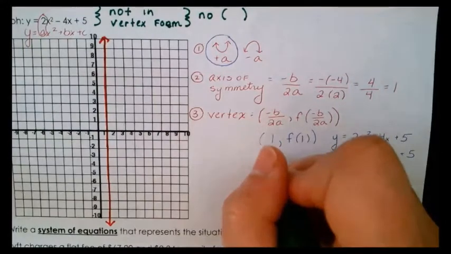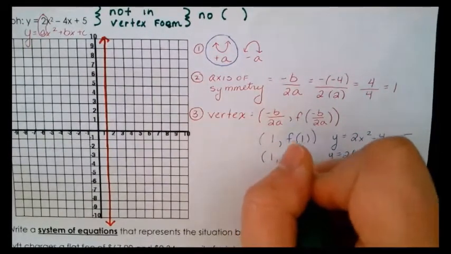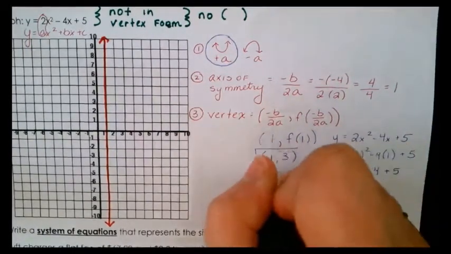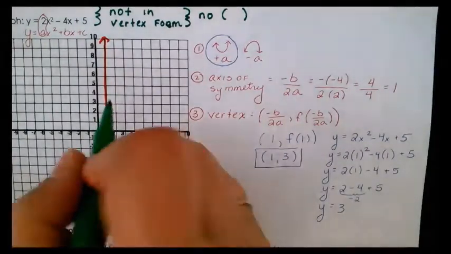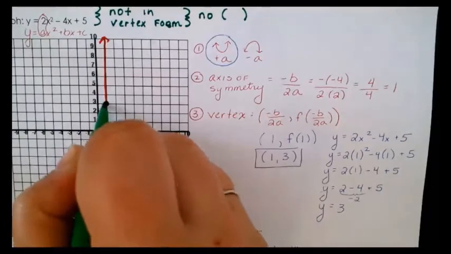So my vertex is going to be at 1, 3. So I'm going to go to my graph and I'm going to plot 1, 3 right here.